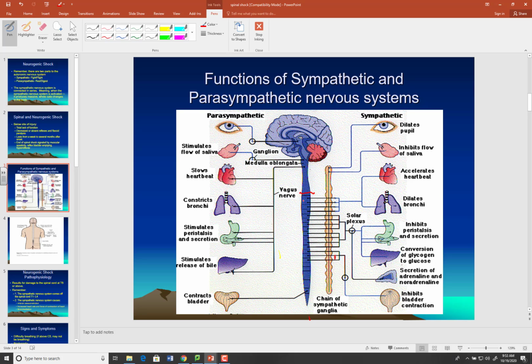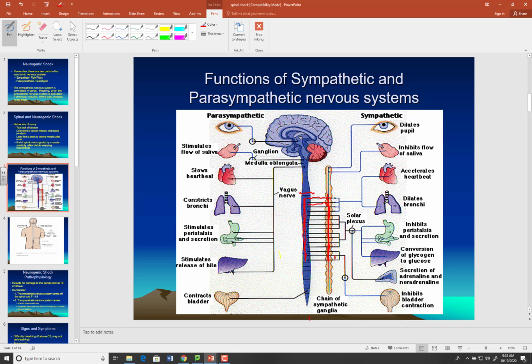Now, as you can see, the nerves that come off the spinal cord of the sympathetic nervous system, right here, they connect together. So what that means is that when you activate the sympathetic nervous system, you can't activate just parts of it. You have to activate all of it because it's all connected together. And again, we remember that the sympathetic nervous system is singular in purpose. Its single purpose is to prepare your body to run or fight.